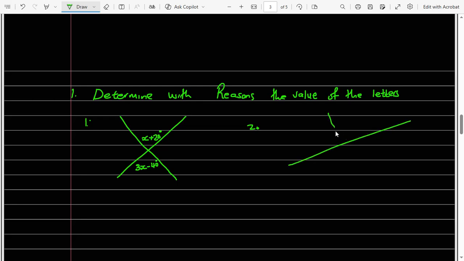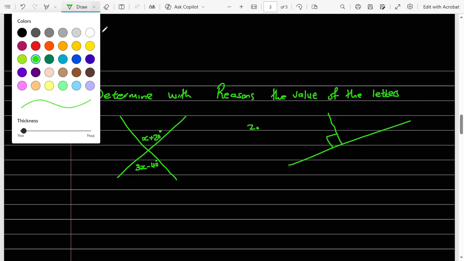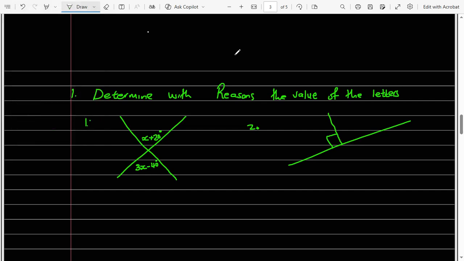and then a line that is perpendicular, and then this line that is perpendicular, let's say that is divided in this way. Let's say, because remember, exam won't be easy now. Let me just give you that complicated question.